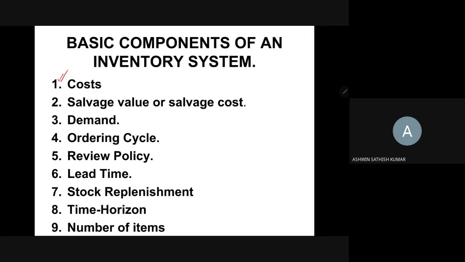So first element is the cost. Then we have the salvage value, demand. Naturally, with the demand only, there is the difference in the inflow and the outflow, right? Then ordering cycle, review policy, lead time, stock replacement, time horizon, and number of items. These basic components we will study one by one, all in detail.